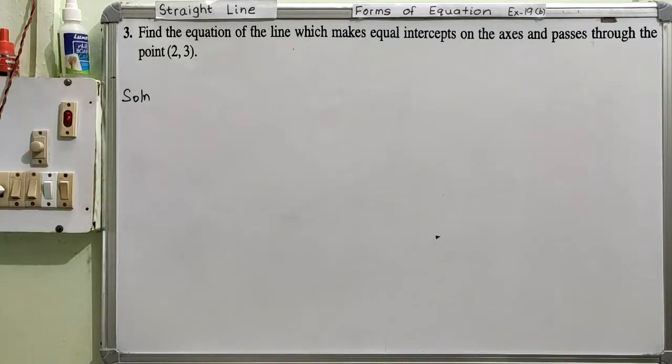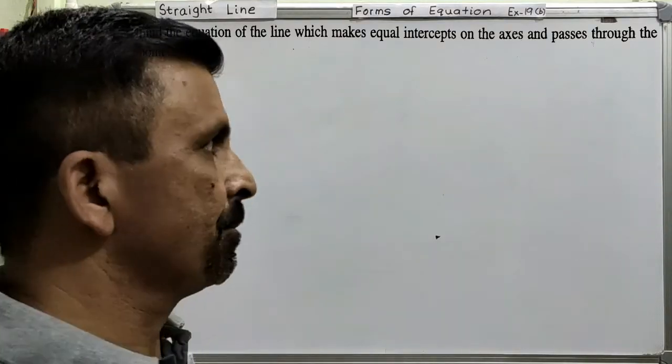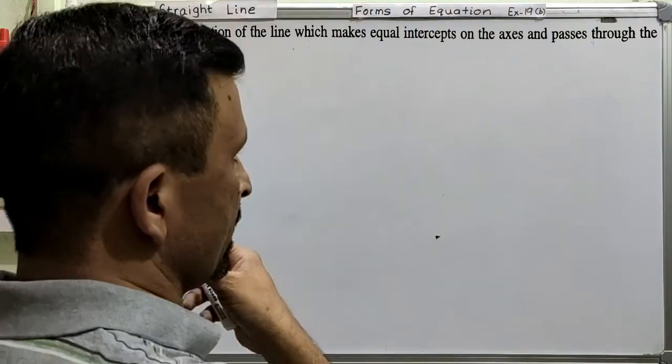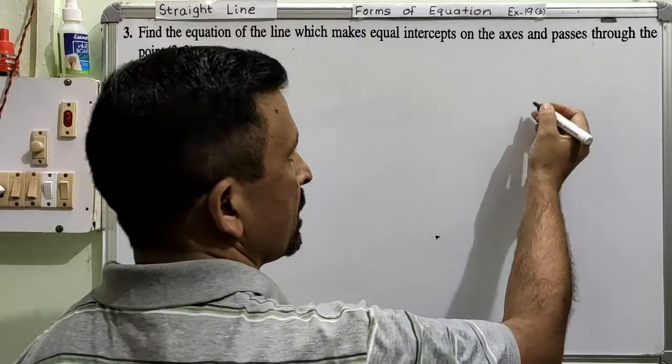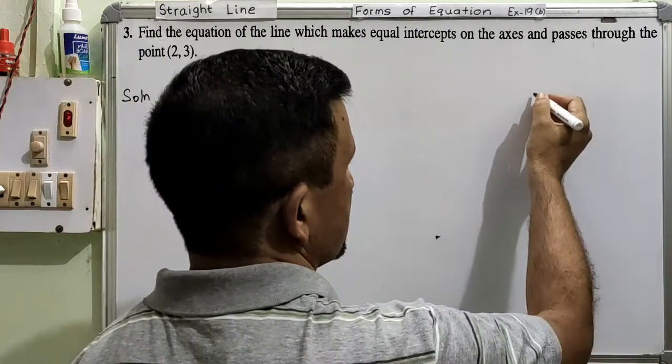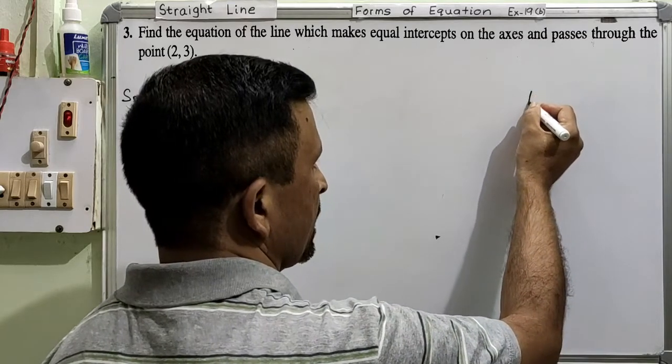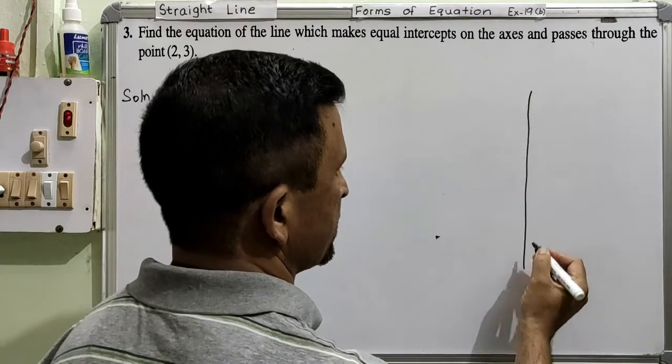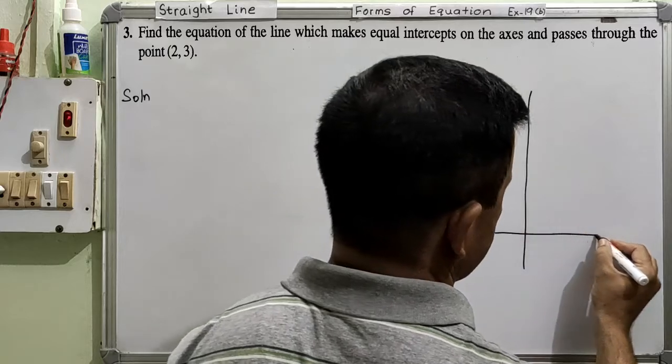Question number 3 is: find the equation of the line which makes equal intercept on the axes and passes through the point (2, 3). So we have to write down the equation of a line which makes equal intercept on the two axes. So let us draw the diagram. This is your y-axis, this is your x-axis.